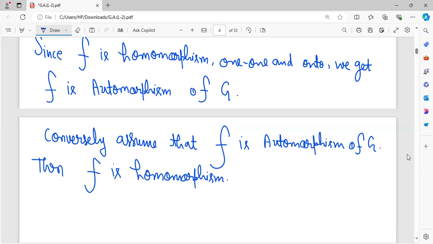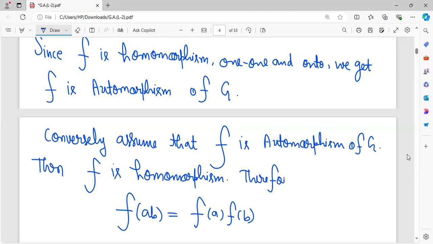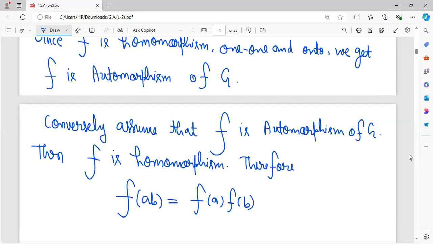Okay, if F is a homomorphism, we will have this property: F of AB is equal to F of A, F of B, because the homomorphism definition is given by this.